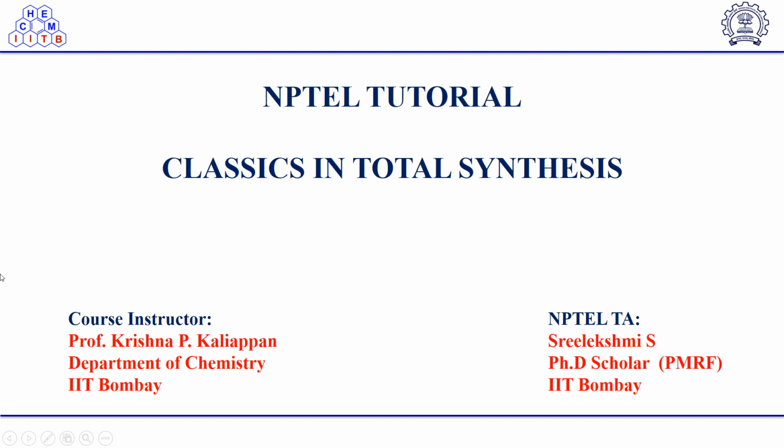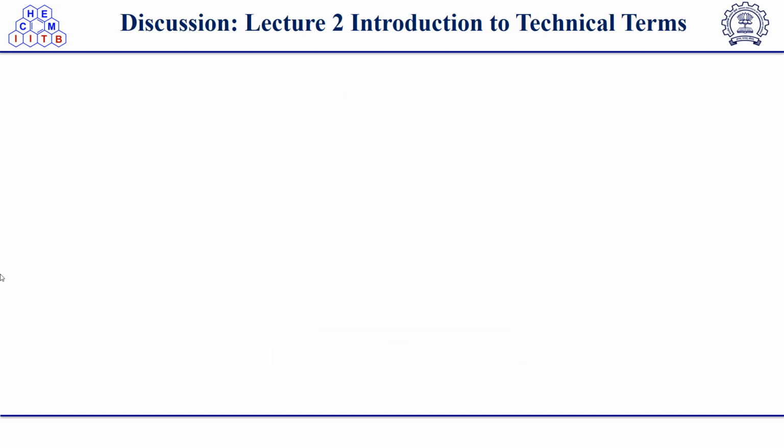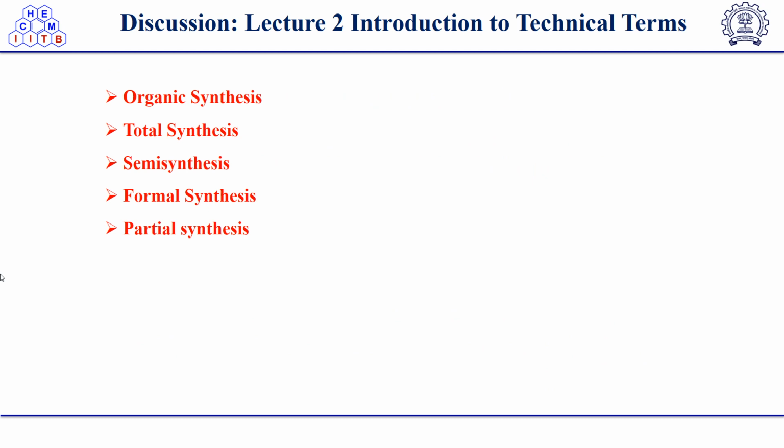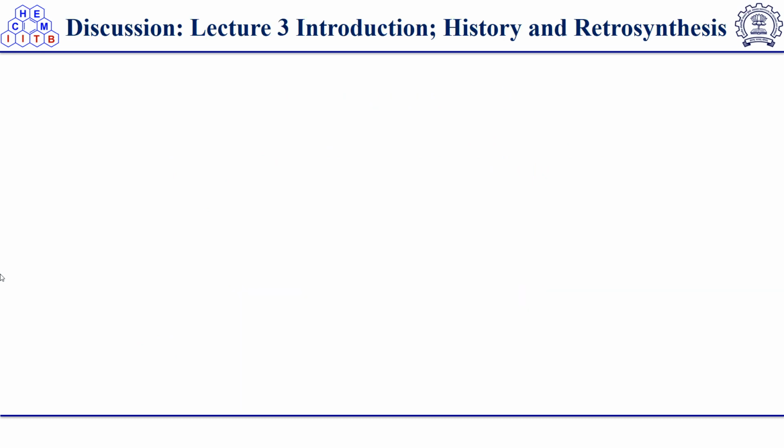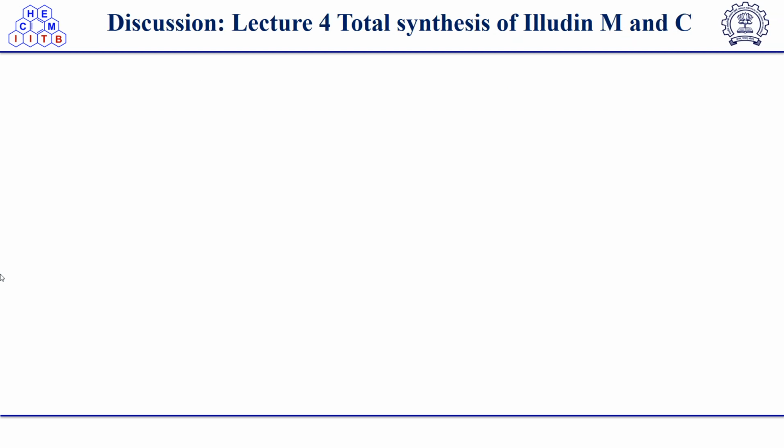So far, in the last tutorial sessions, we have seen in the first session the basic introduction, then an introduction to various technical terms related to total synthesis, and the history and concept of retrosynthesis, how it developed and what the basic concept behind retrosynthesis is.